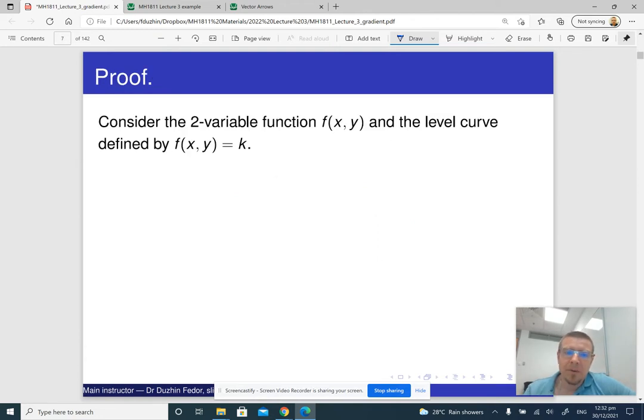Now I'm going to do something that I will seldom do in this course. I'm going to prove this. Mathematicians always prove all mathematical statements, propositions, theorems, lemmas, and so on. When we teach non-mathematicians, we very often don't bother proving it, because you don't need a lot of proofs.